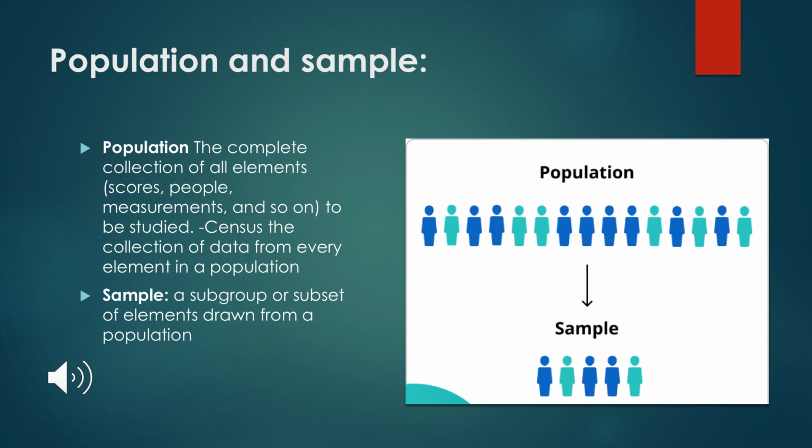For example, what is the total number of people in the world or in India? We count each and every person, that is a census. Census is collecting data from each and every person of India, that is the population. Whereas a sample represents only a few people being taken into the study.